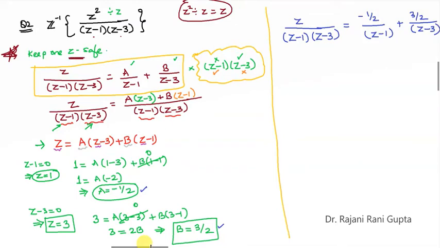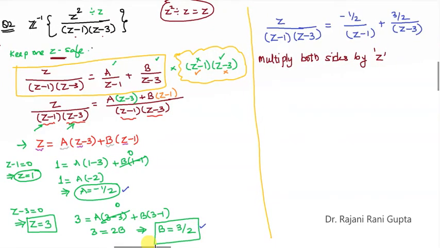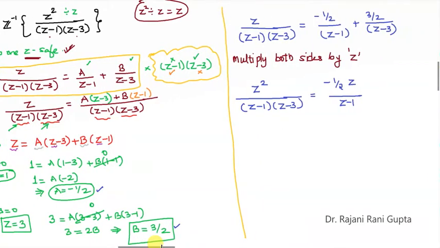Now we multiply both sides by z. This z is not from anywhere, it is from our own step. So it becomes z multiplied by z, which is z square over (z minus 1)(z minus 3), equal to minus half z over z minus 1, plus 3 over 2 z over z minus 3.